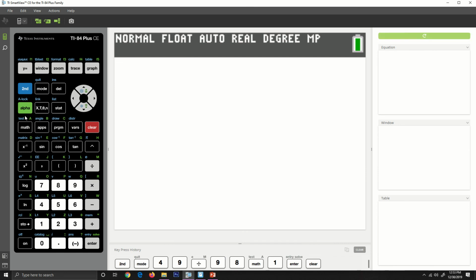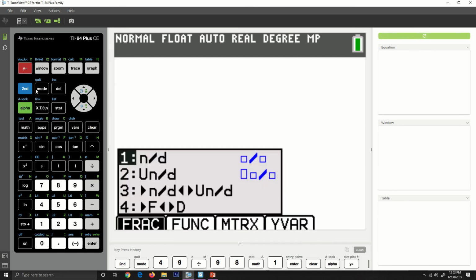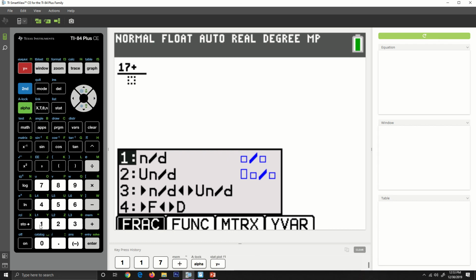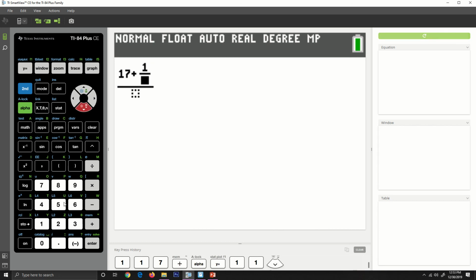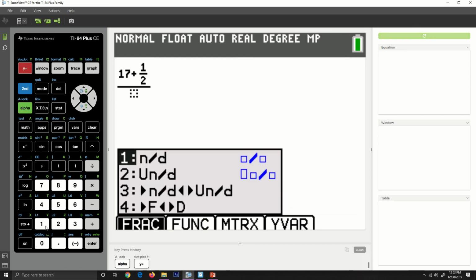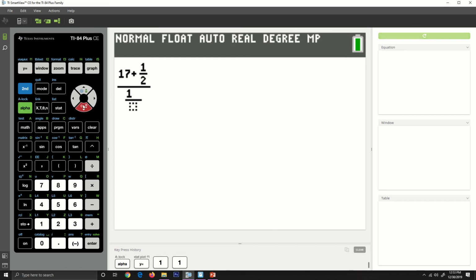And so we're going to go alpha, y equals. We want a fraction. And so the first one was 17 plus a half, so fraction again, 1 over 2. And then we want to, again, second window, there we go, over 1 over 2.